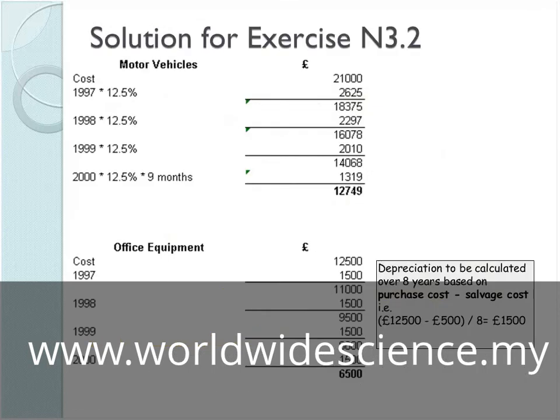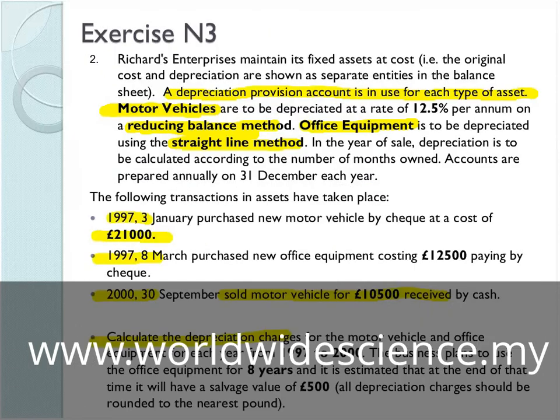So the solution for exercise number 3.2. The motor vehicle costs 21,000, right? This is calculated by the reducing balance method, where we are given the percentage of 12.5, right?